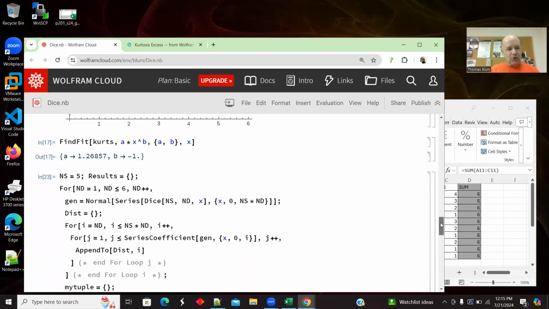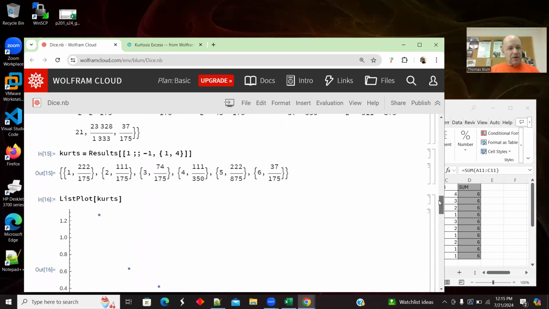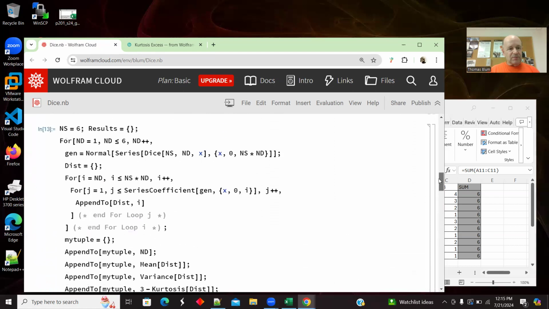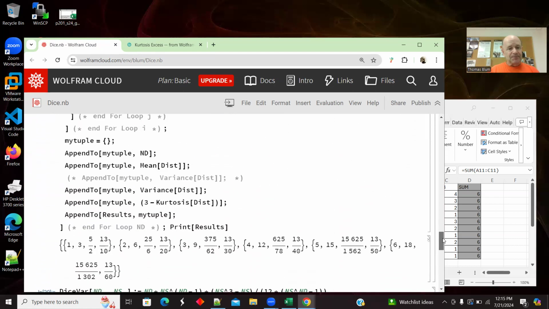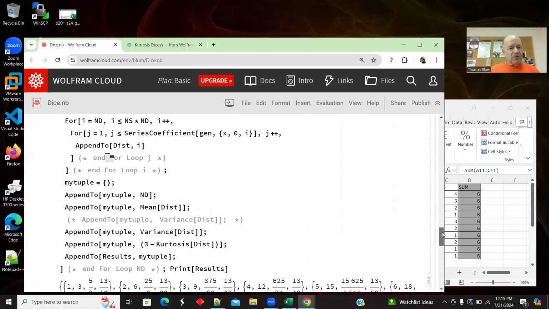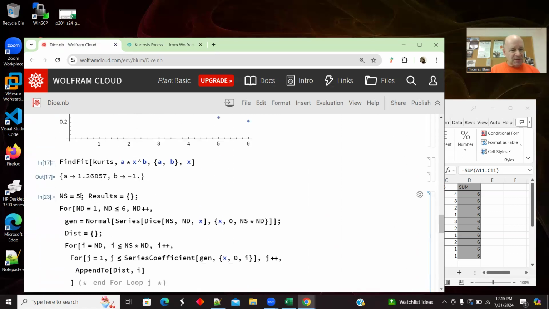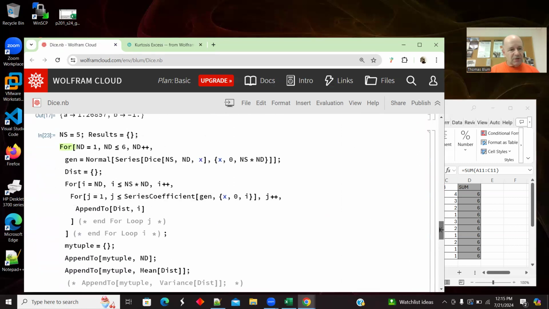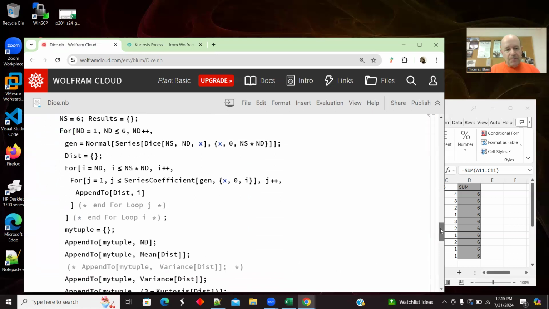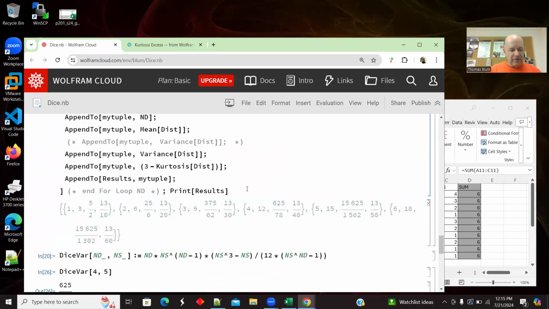So up here, this was for a 6-sided die. So let's change this to a 6-sided die. Oops, sorry. And let's get all the values for a 6-sided die.